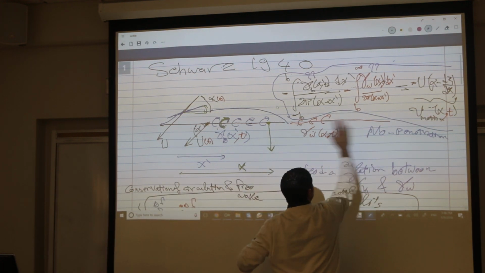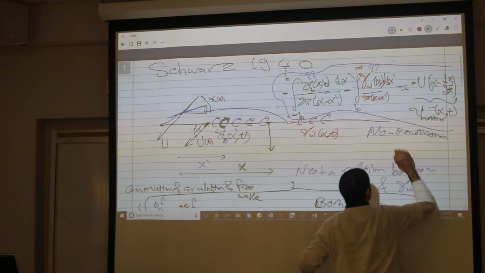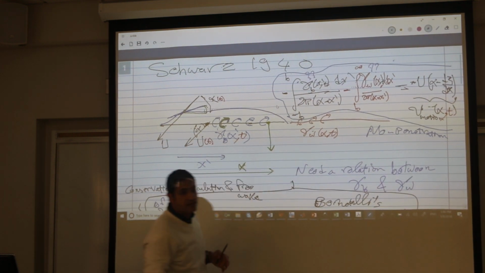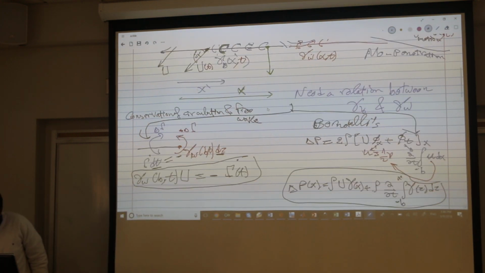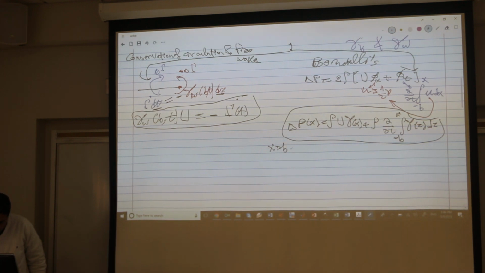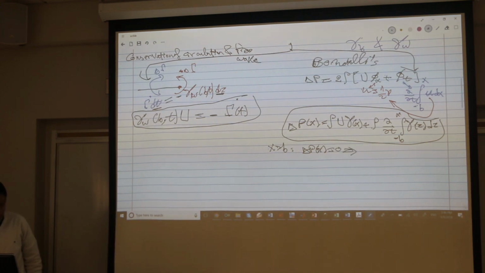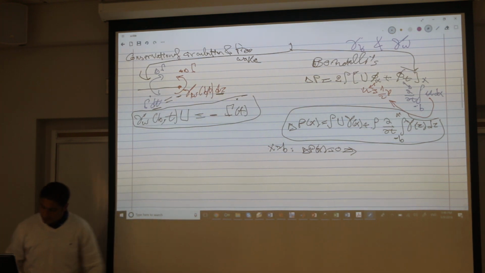So delta P here at any point in the wake, in particular, or any point in general, here, there, doesn't matter. Delta pressure is 0, right? So for any x greater than b in the wake, delta p is 0, implying, I will just divide by rho, implying what?